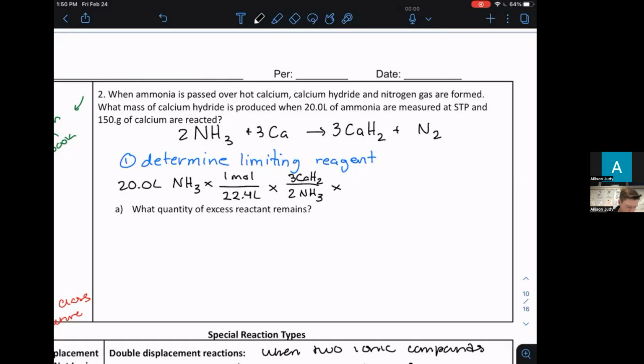Well, actually, let's see. Yeah, we'll go all the way to grams. It's a good idea. So this is not given. So calcium again, 40.08 in terms of molar mass, and then we will add that to our 2 H's to get a molar mass of 42.1 grams per mole.